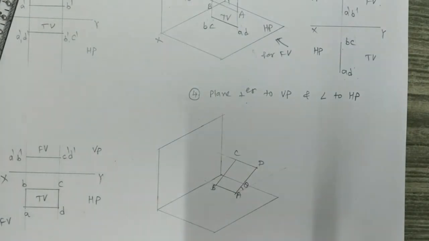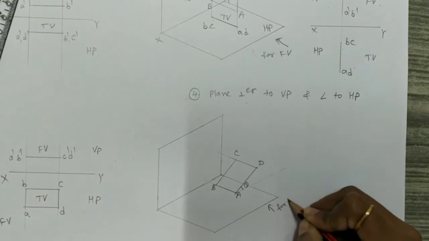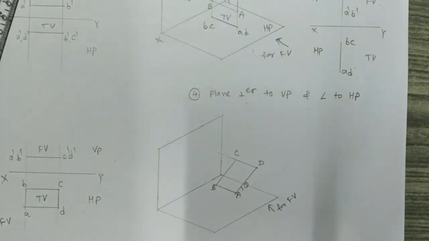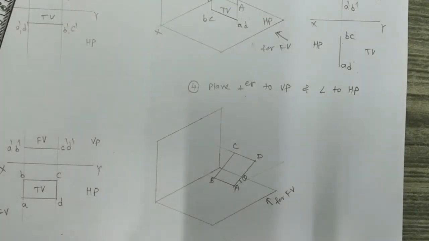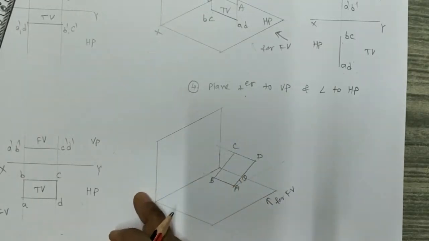Now this is the direction for front view. So when we see from this direction, then only an inclined line will appear in front view.